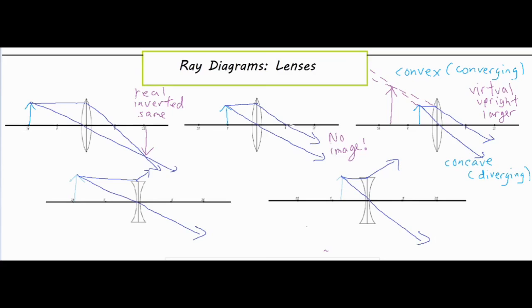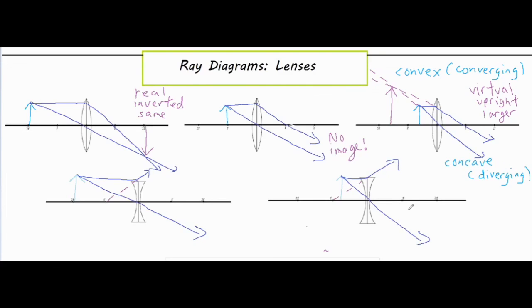And then for the second one, I did the same thing. Instead of sending it straight through the focus, I did straight and aligned it with the focus so I could see which angle to diverge it on. So same thing with this one over here. I aligned it with the focus.